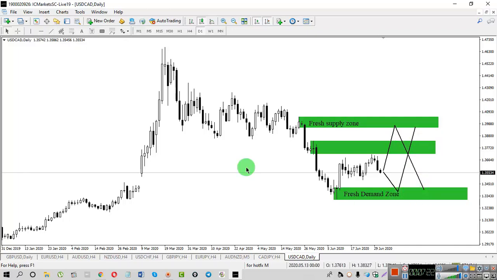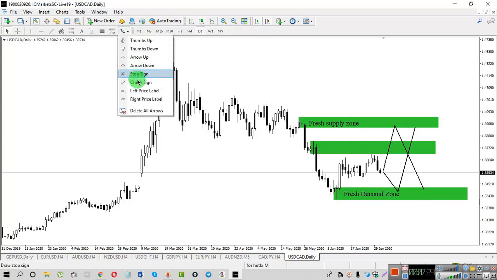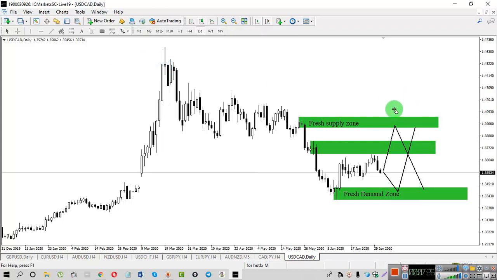So this is overall analysis for the USD CAD. We can sell from this fresh supply zone, and we will buy from this fresh demand zone. So that was the analysis for USD CAD.